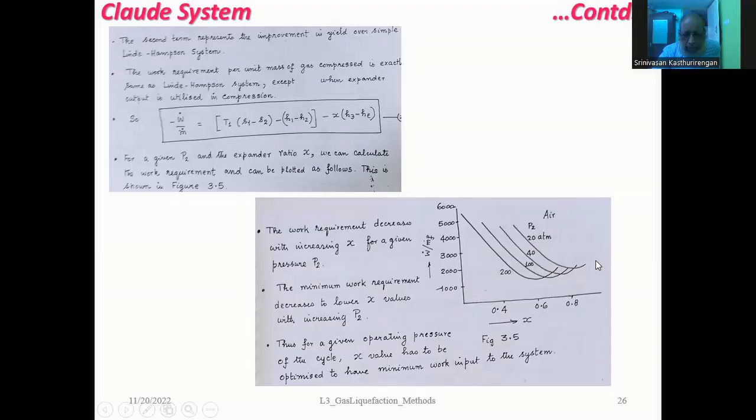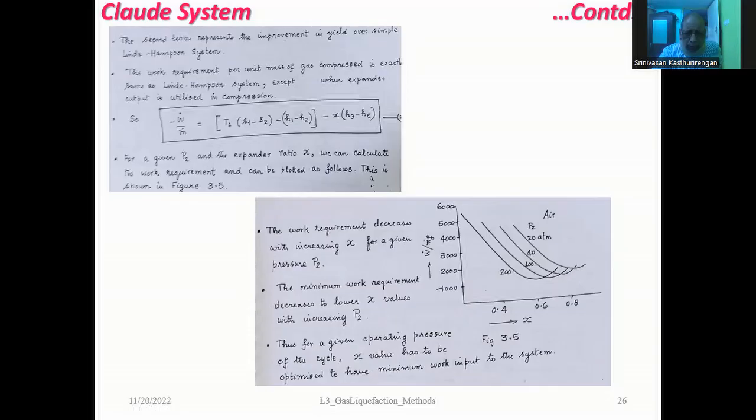Two things we notice. One is the work requirement decreases with increasing X value for a given P2. Take one P2, for example, 200 atmosphere. The work requirement keeps on decreasing with increasing X value. That is number one.